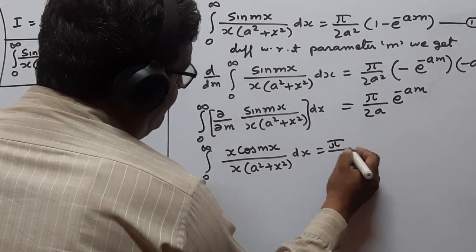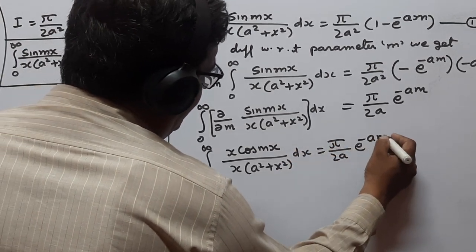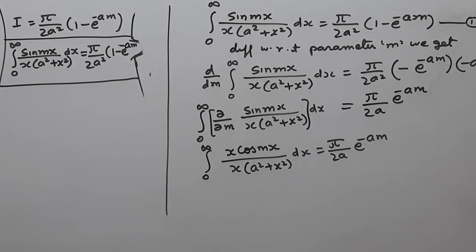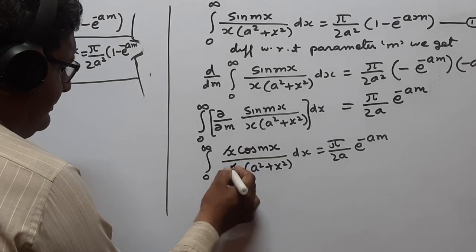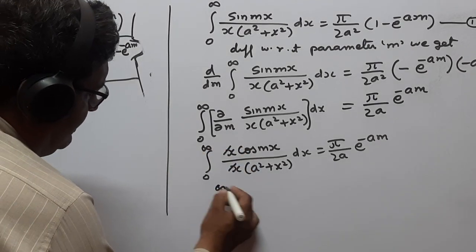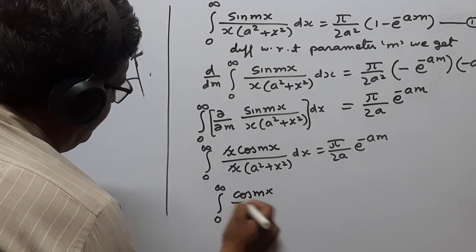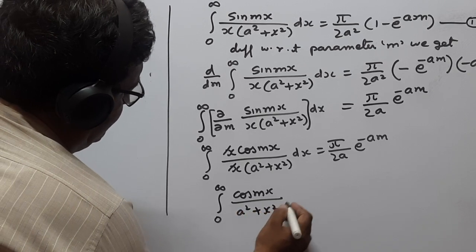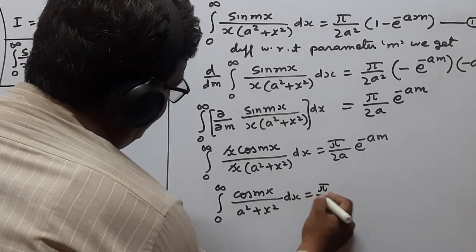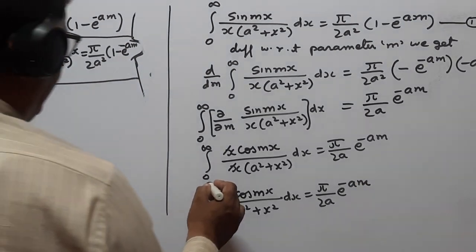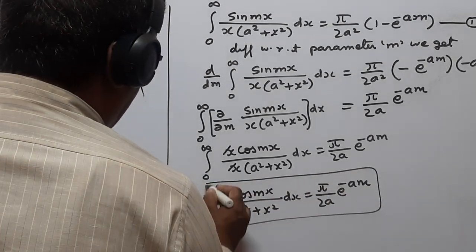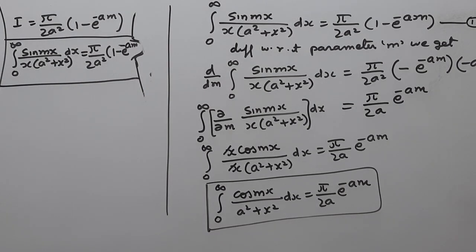So this is equal to pi upon 2a e to the power minus am. You can see here x is cancelled out inside the integral. So this gives integral of cos mx upon a square plus x square dx equal to pi upon 2a e to the power minus am. This is the second integral which we have to prove.